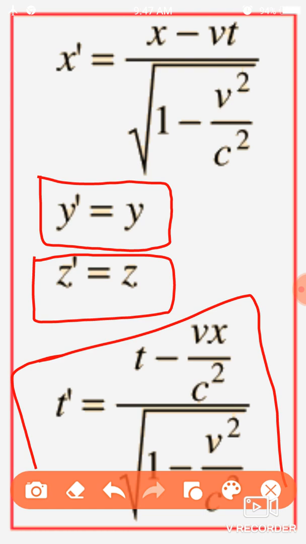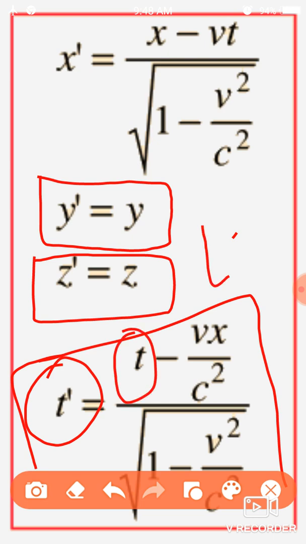Here t dash is the time at any moment in the moving frame, and t is the time at any moment in the lab frame. x is the coordinate of the lab frame, v is the velocity of the moving frame, and c is the speed of light.